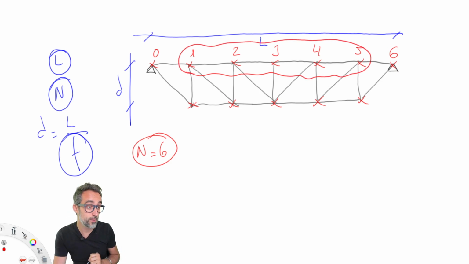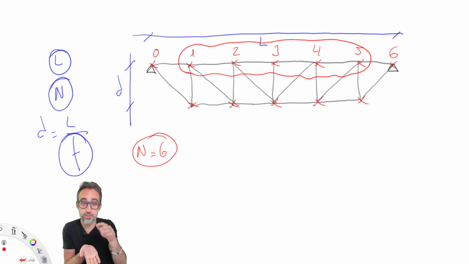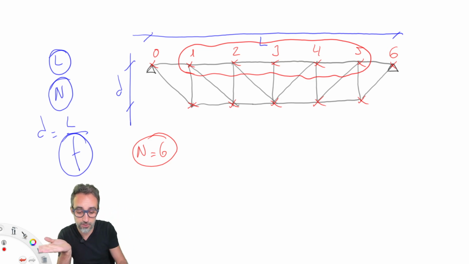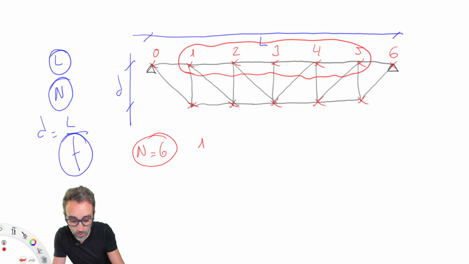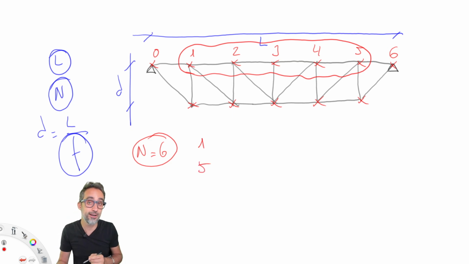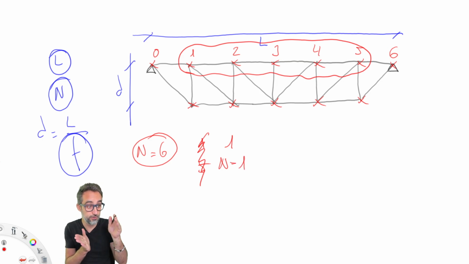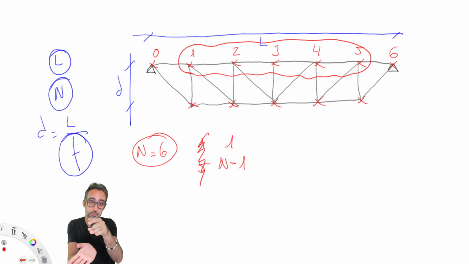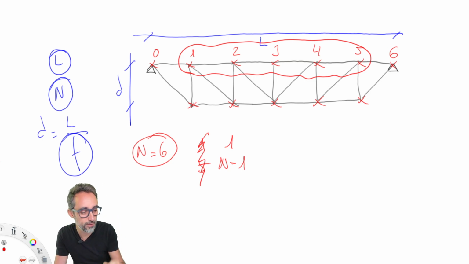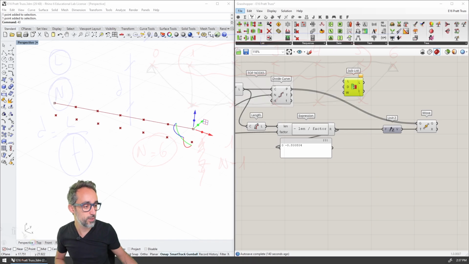And the way we extract those points is by creating a domain where we say, can you give me, from the original list that goes from 0 to 6, elements that go from 1 to 5, or in a parametric way, a subset that goes from 1 to however many spans we have minus 1 unit? And therefore, those will be the elements that will be retrieved, and therefore we will create that sublist.